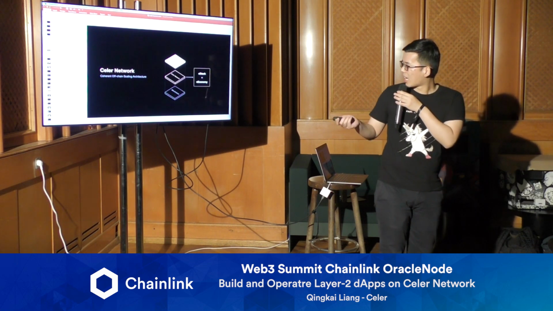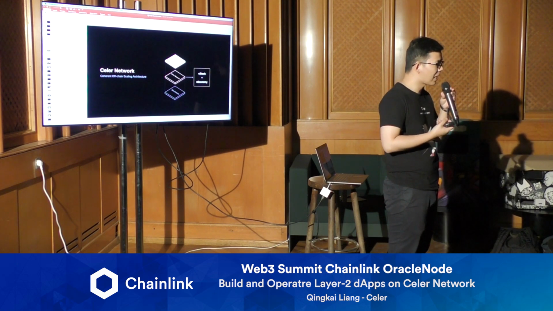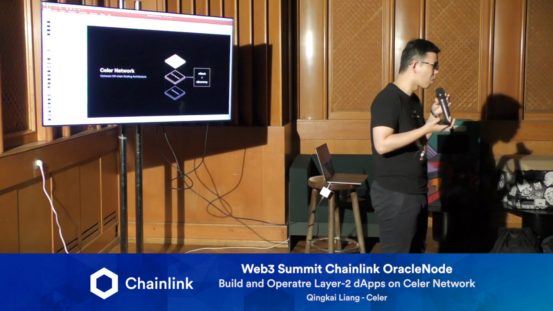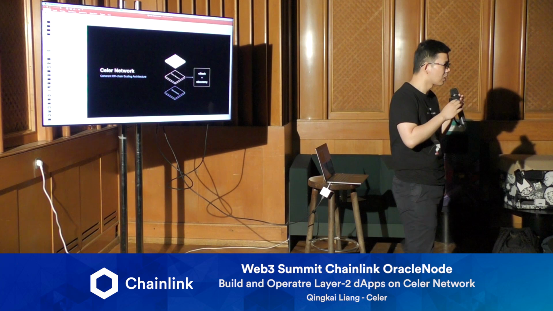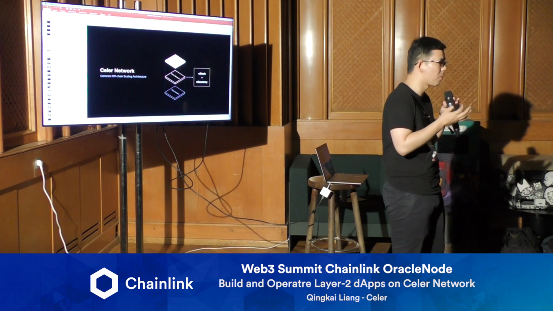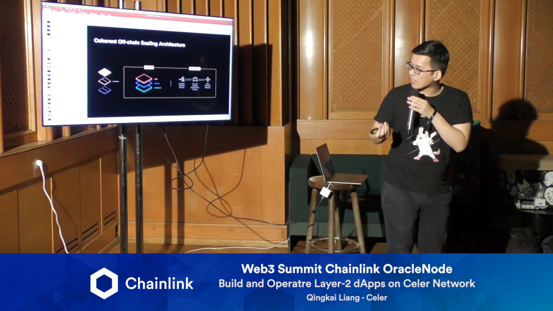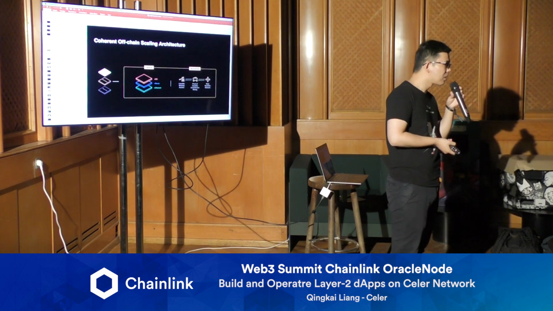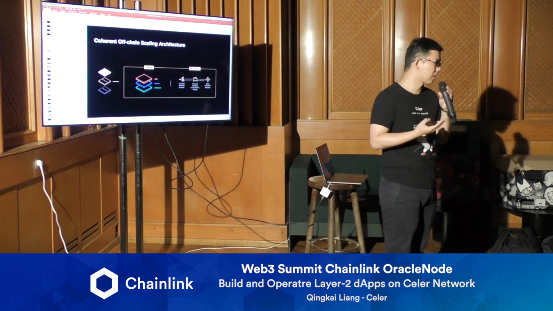On top of Celer, you can build various layer 2 applications. They run like normal decentralized applications, but use off-chain scaling solutions, so they run very smoothly and almost instantly. The components of Celer Network can be divided into two parts.